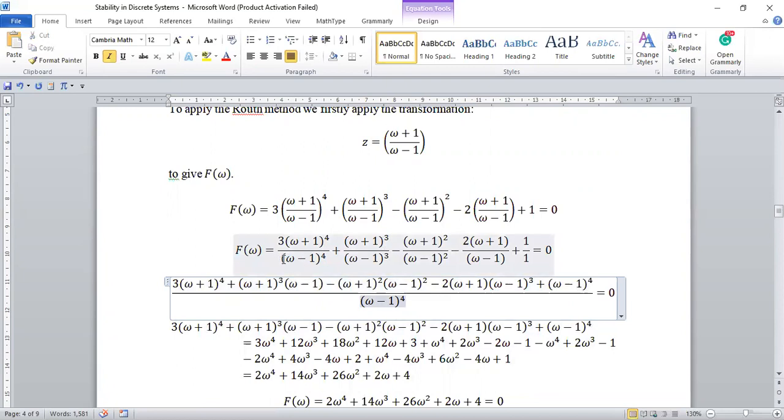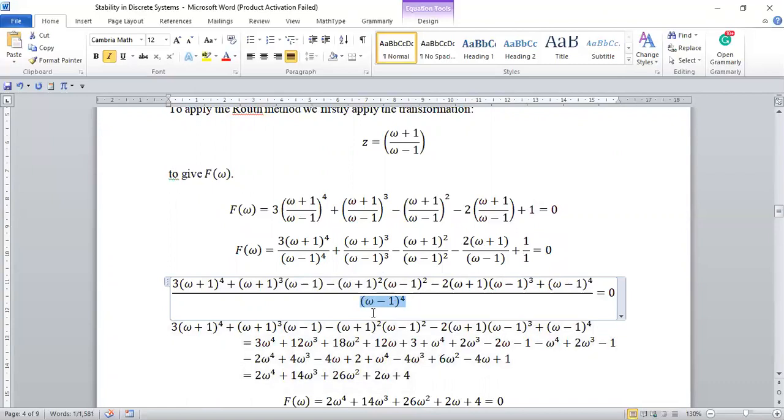The only difference is that these are the denominators of the five individual fractions we have. Know that this denominator is common to both.